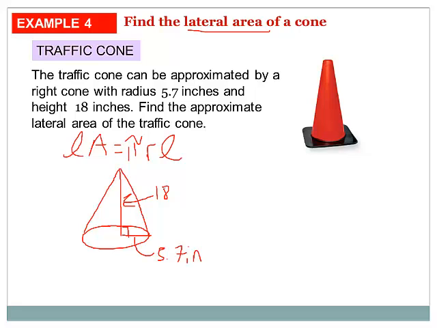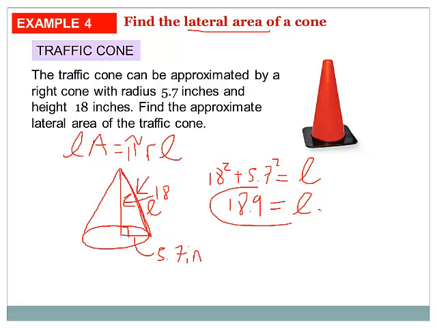So again, we have to use the Pythagorean theorem. We're going to do 18 squared plus 5.7 squared equals the lateral height, L. That's referring to this part of the actual cone. Once you solve, you get roughly 18.9 when you use the Pythagorean theorem.